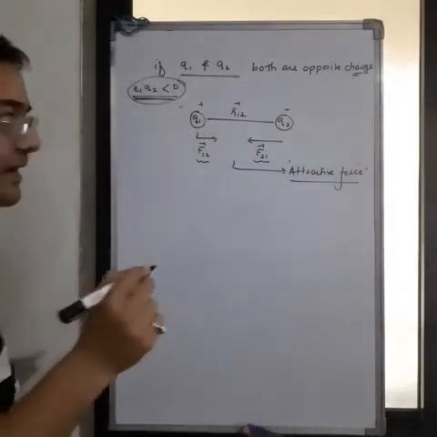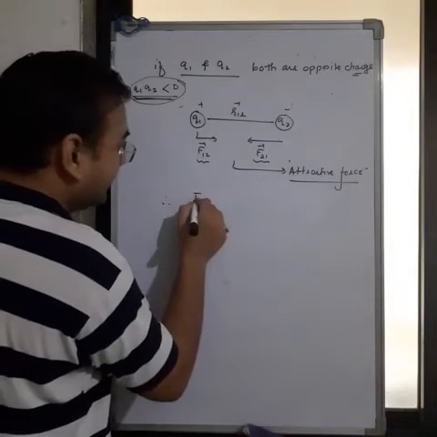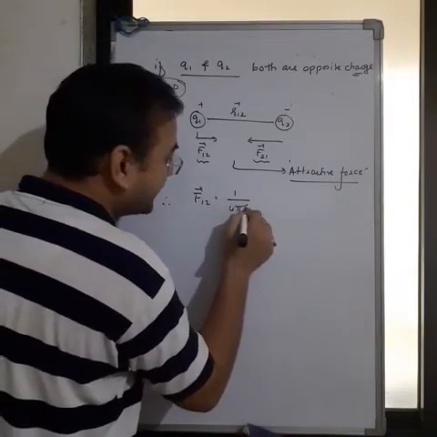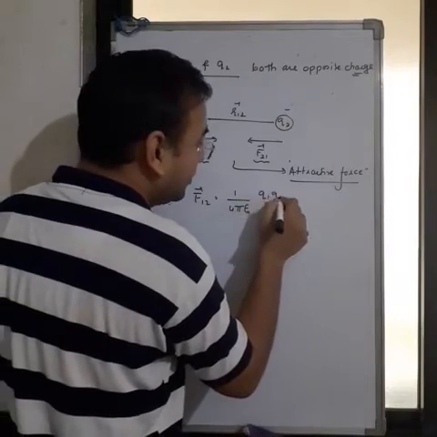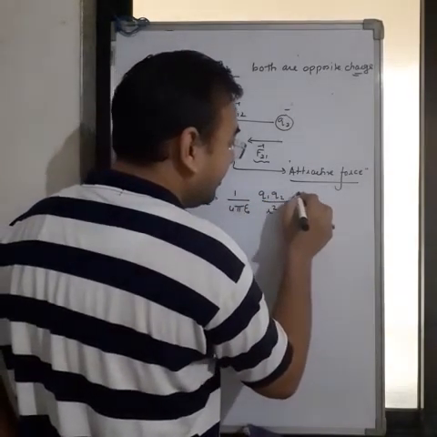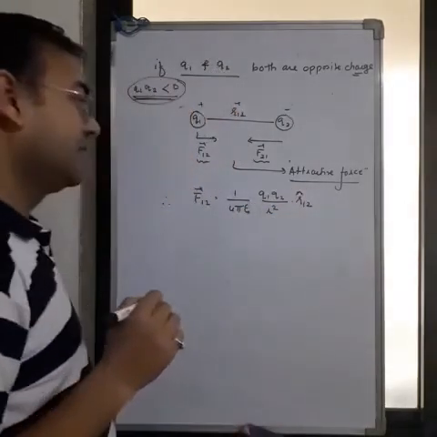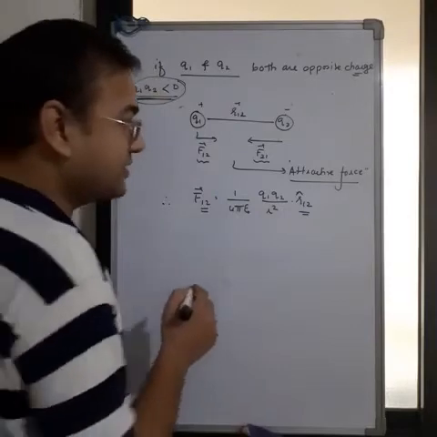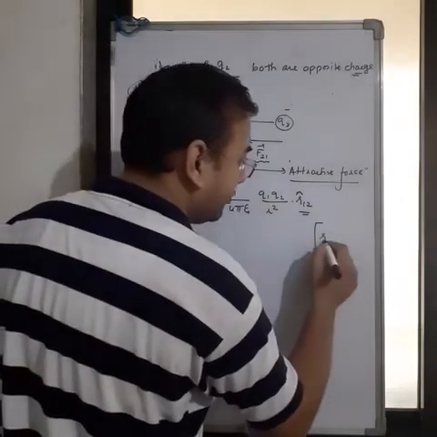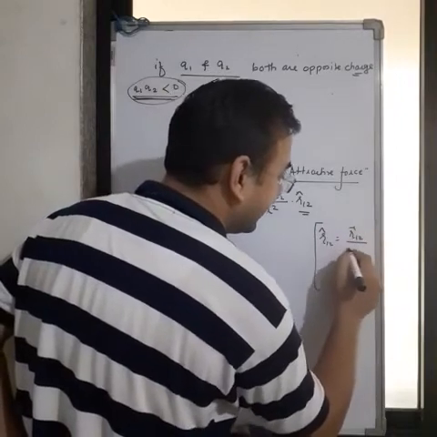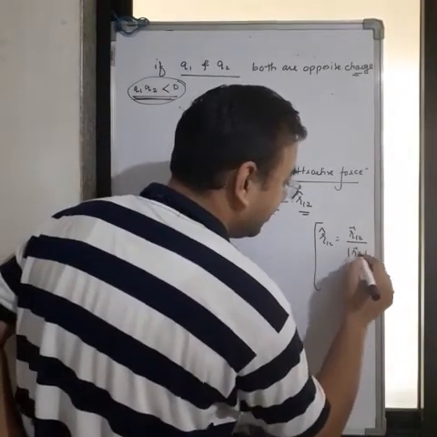So we can write like this: F12 is equal to 1 upon 4 pi epsilon naught, Q1 Q2 upon R square, R12 unit vector. See, here the force direction and the position direction are both the same. Again, the R12 unit vector is the R12 vector and the magnitude of it.